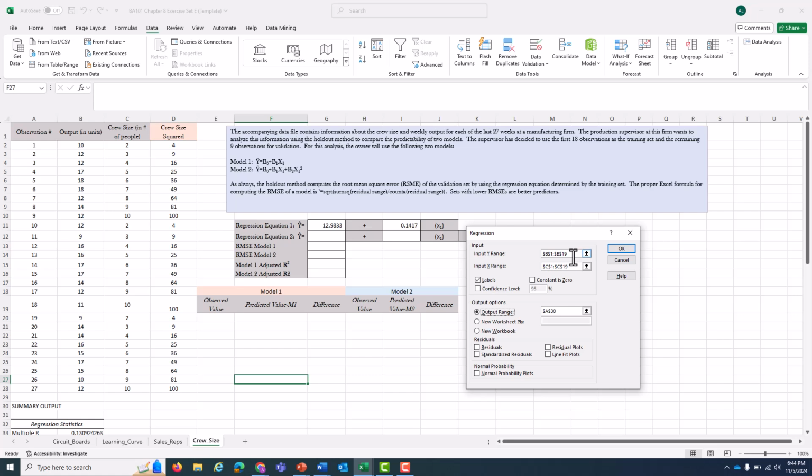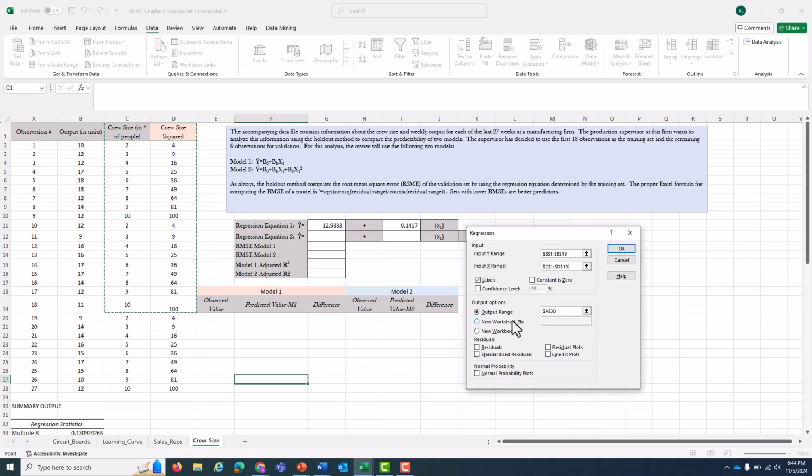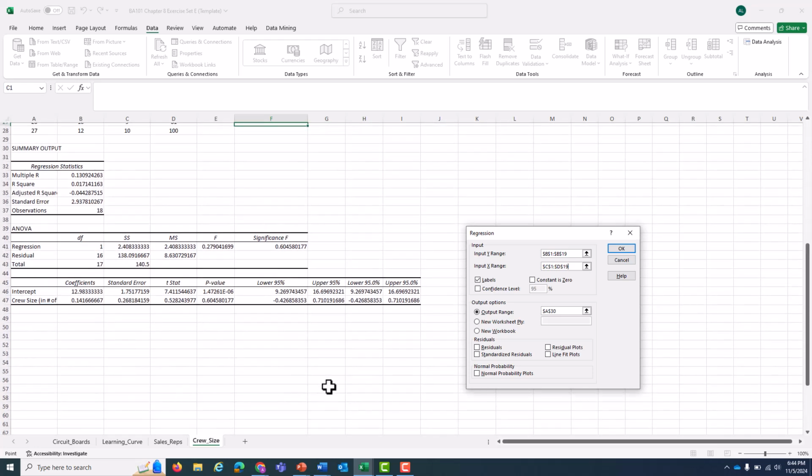I still want my Y range to be the first 18 returns that we have for output. But now instead of just column C for our X range, I want to have all of crew size and crew size squared for those first 18 returns. And I'm going to put that output off to the side of the other one.